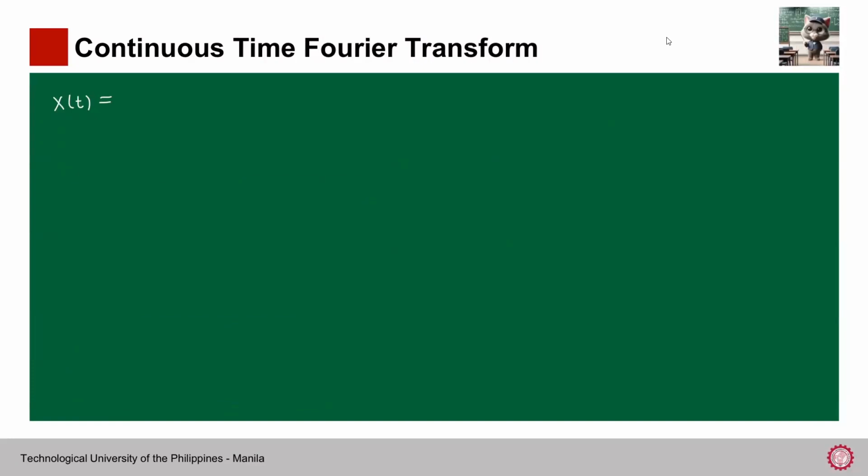Do you agree that we can write this as sine of 2t all over pi t, multiplied by, dahil naka-square siya, the same value, sine of 2t over pi t? So let's say x sub 1 of t na lang, and this is also x sub 1 of t.